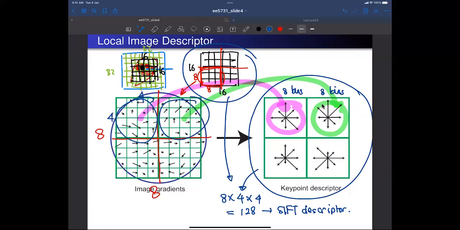And you have to do this for every single key point. Any questions? Any questions, anyone?